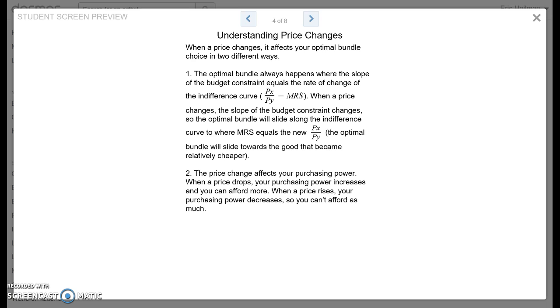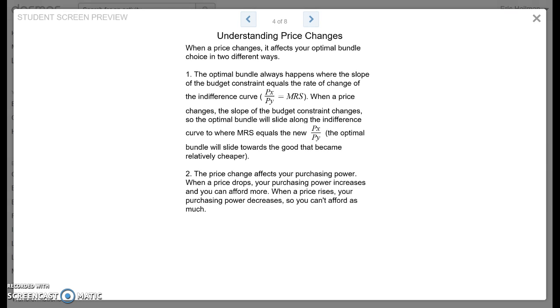So when we were looking at those shifts, there's actually two different effects going on when we have a price change that contribute to the overall change in our consumption. The first change we're going to look at is that when one of the prices changes, the slope of the budget constraint changes.